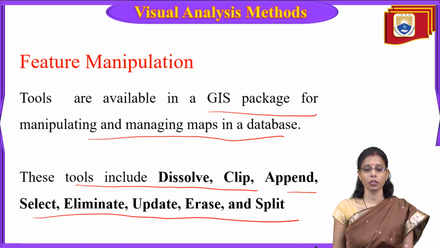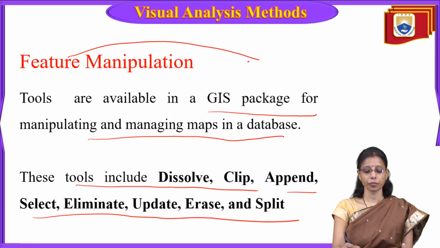So what is manipulation of the features? We can merge the features, clip the features, erase the features, or split them into two or three parts. As per the requirement, we can do all this manipulation in feature manipulation. What is a feature here?